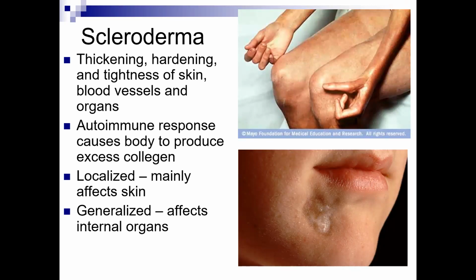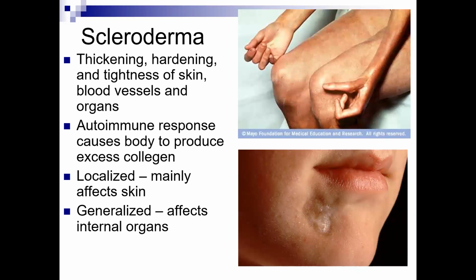Scleroderma, this is the most deadly autoimmune disorder. So you have thickening and hardening and tightness of the skin, but it can also be blood vessels and organs. So it's most deadly if you see it internally. Generalized thickening, hardening of the skin. If you think of this happening, you might see kind of tightness of the skin, which we can see here. However, internally, think of it happening on your lungs.